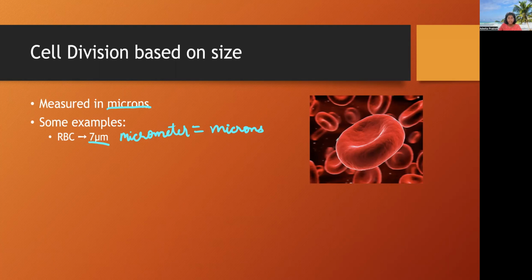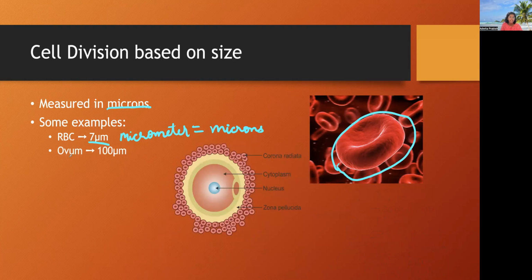So RBCs, as we saw in the slide before, are biconcave in shape, and it is 7 micrometers. The next one is ovum. Ovum is 100 micrometers, and a fun fact is that it is the largest cell in the human body.